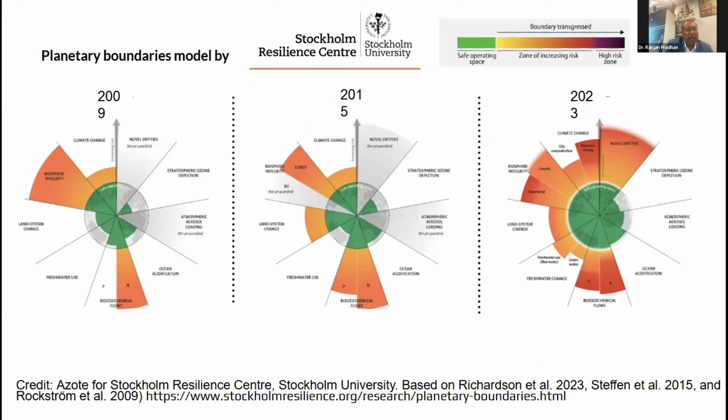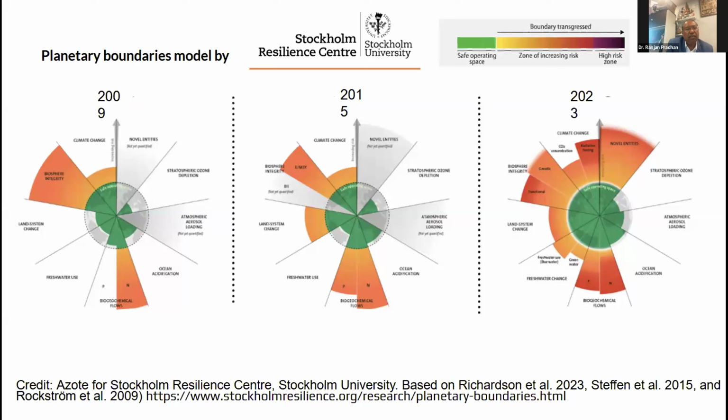So in 2009, they came up with this planetary boundary model, and it served the purpose to explain at that point. They had 9 identified boundaries, and during that time, it was not a very big concern. Even then, 3 of those boundaries were out of the comfort zone of Earth, that we can call the safe operating space.